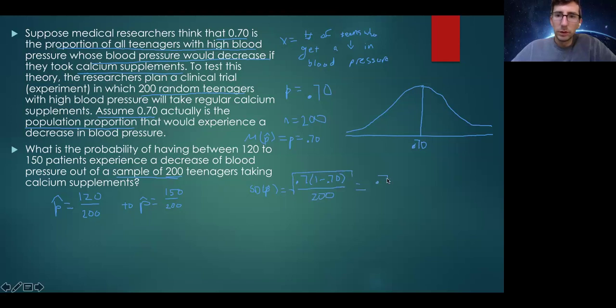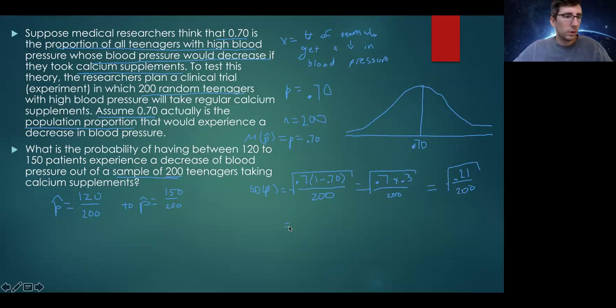So this is going to be 0.7 times 0.3 divided by 200. Don't forget about that square root. So 0.7 times 0.3 is going to be 0.21, not 0.021, sorry about that.